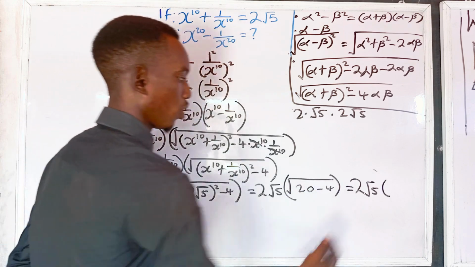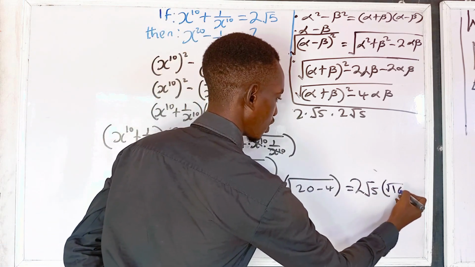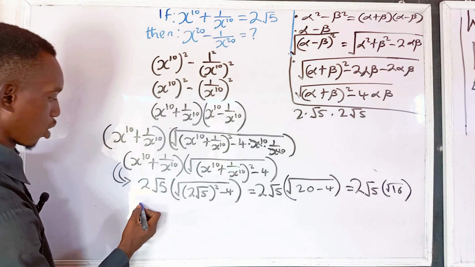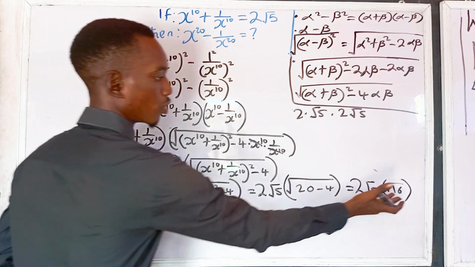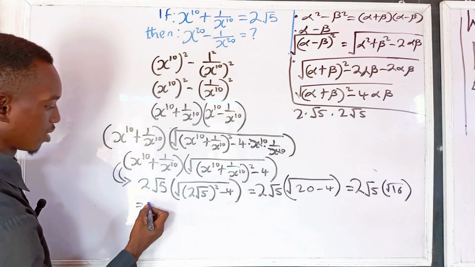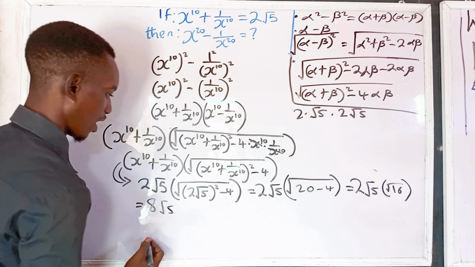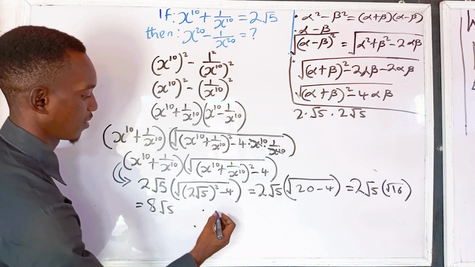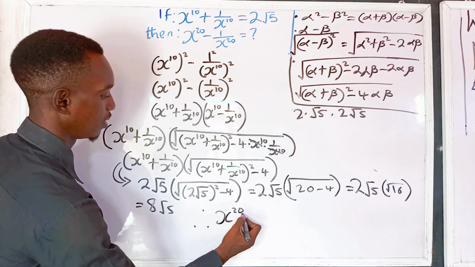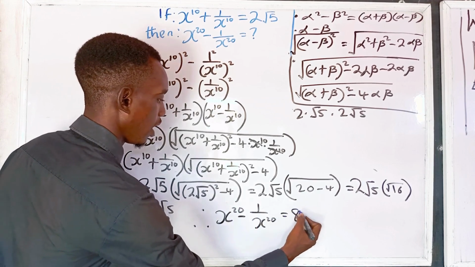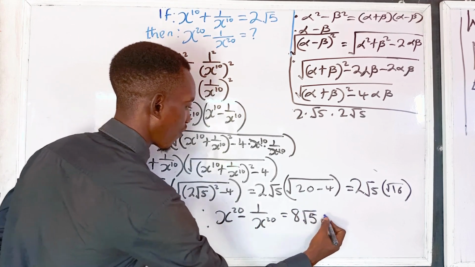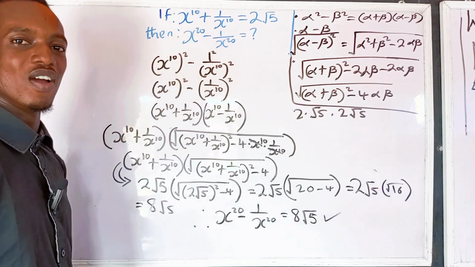Then 20 minus 4 is 16. Square root of 16, which is what? 4. So 4 times 2 is what? 8. That will give us 8 root 5. Therefore, x to the power of 20 minus 1 over x to the power of 20 gives us 8 root 5. Final answer. Very, very simple.